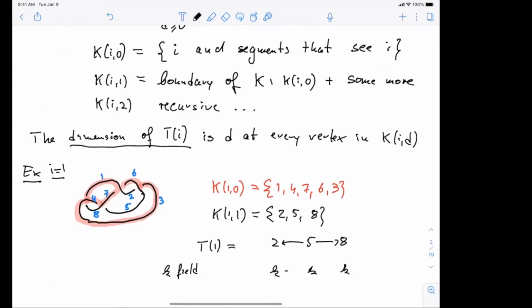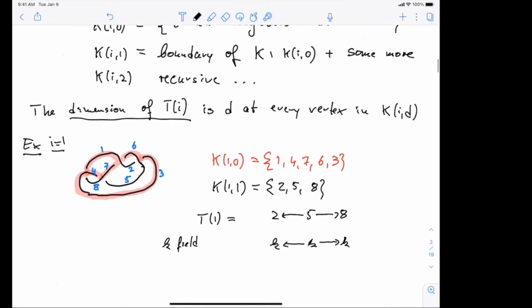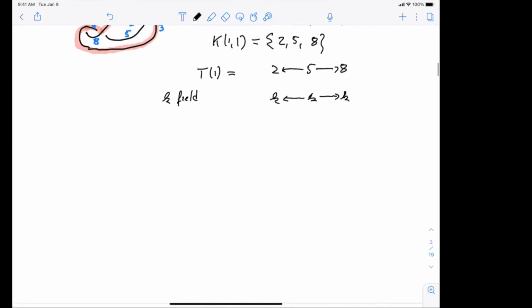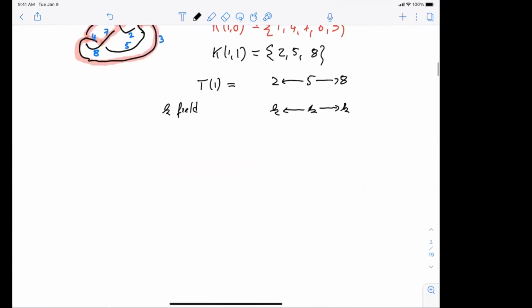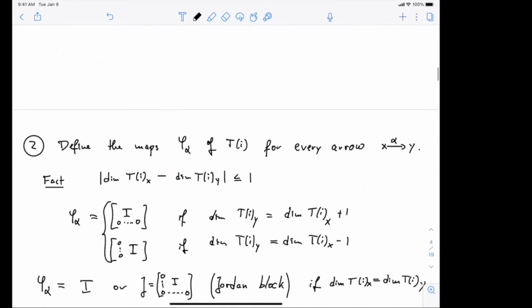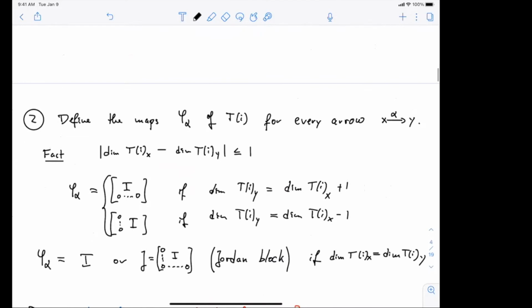And so here I will have to define maps on these arrows. Okay, so this is the point 2. I don't have time to write this also. There's a couple of cases here to consider.